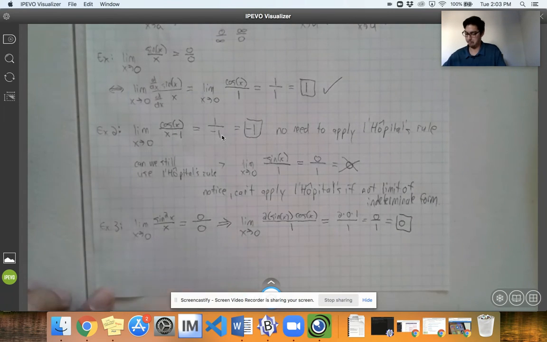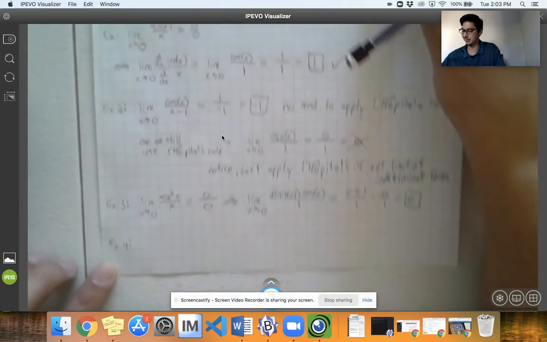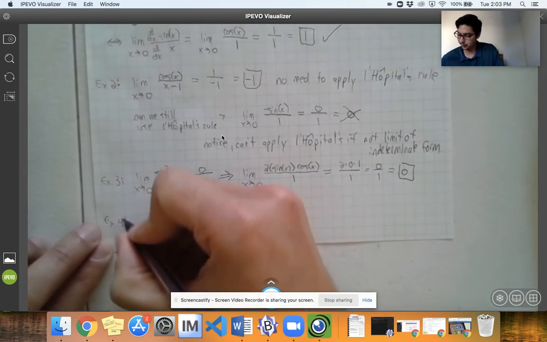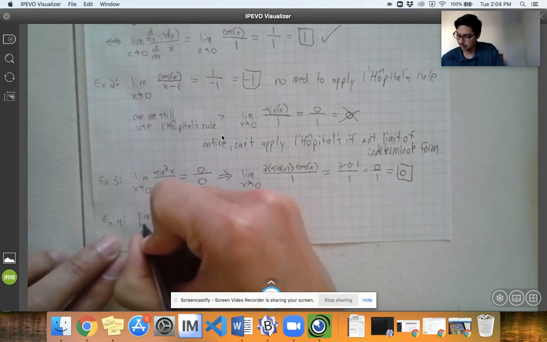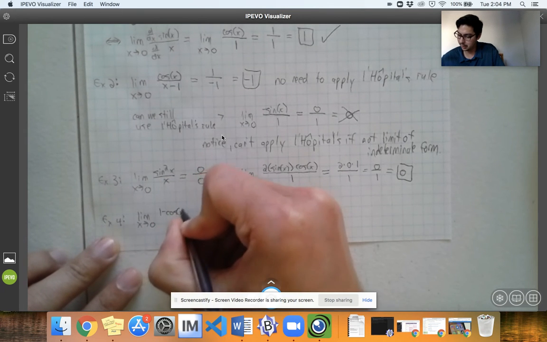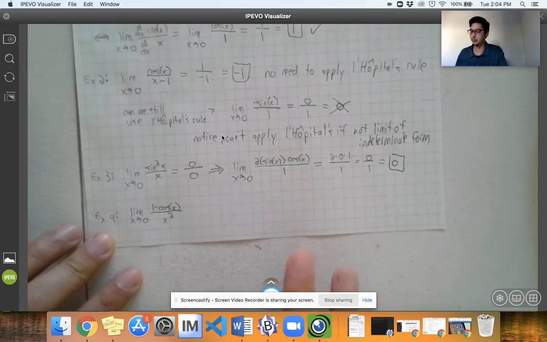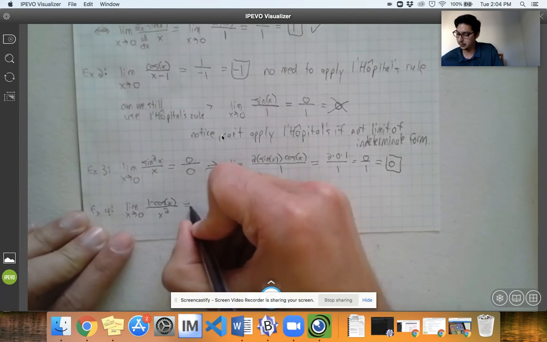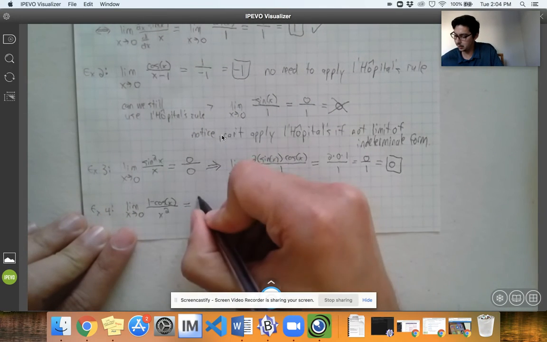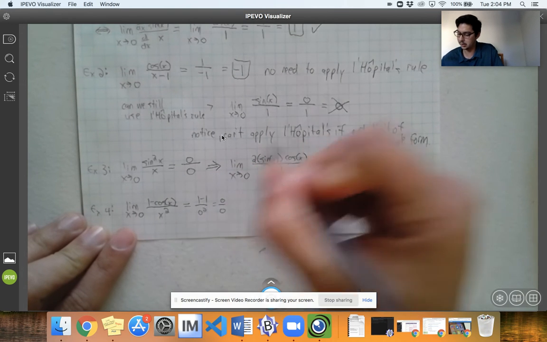And that's great. Thank you, L'Hopital, for making my life easy. And the very last example, let's do the limit as x approaches 0 of 1 minus cosine of x over x squared. Okie dokie. Plug in 0, we would get 1 minus 1 over 0 squared, which gives us 0 over 0.